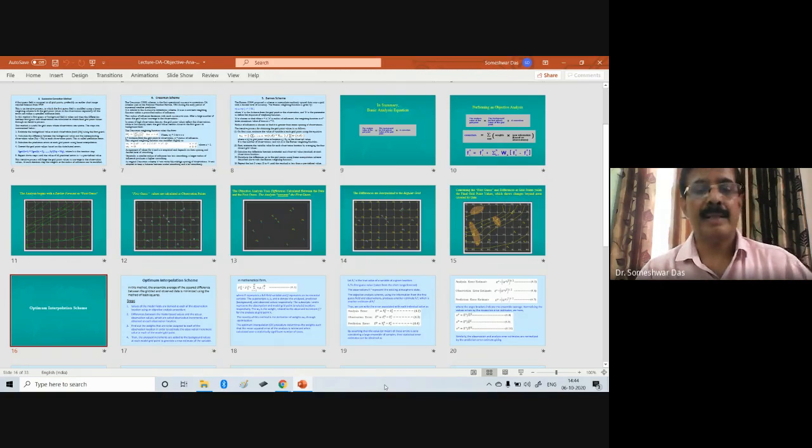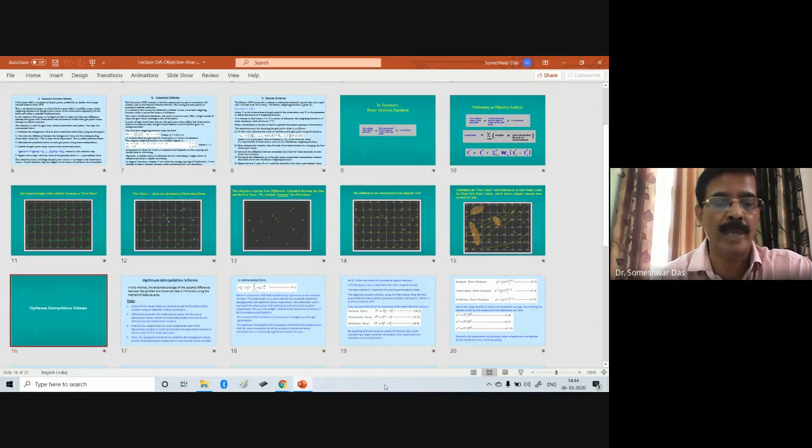Initially, although Cressman's scheme was used for operational purposes in the early 60s, starting with the US Weather Service, after that most of the centers around the world, including India, were using the optimum interpolation scheme. And the recent schemes which are now being used are actually based upon the optimum interpolation scheme. I mean, the concept is based upon it.